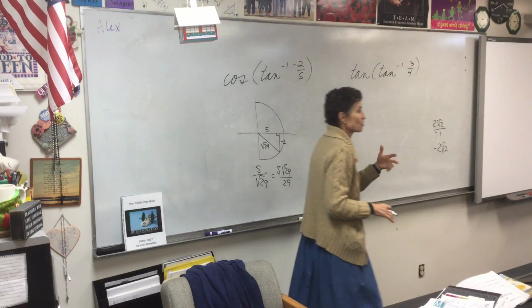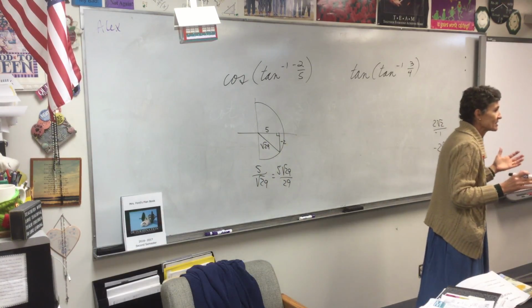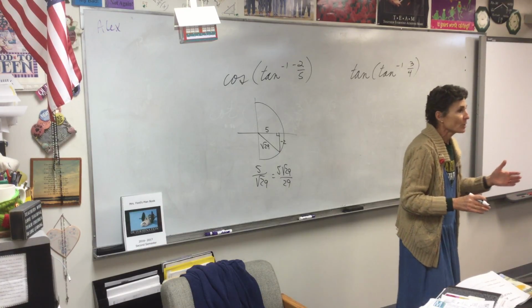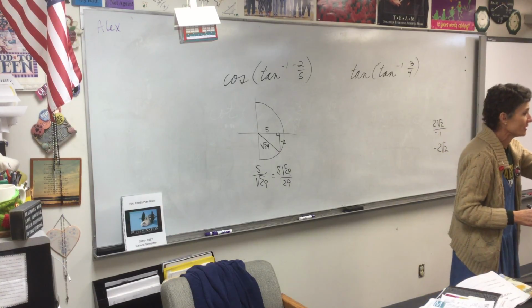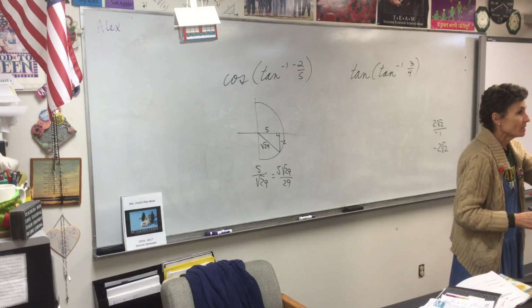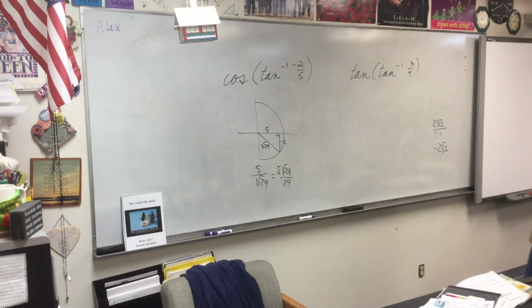But really, this is one of those who's buried in Grant's tomb type questions. Because what does this say? What is the tangent of the angle whose tangent is 3/4? So there's some angle out there whose tangent's 3/4. What's its tangent? That's what this question is asking.